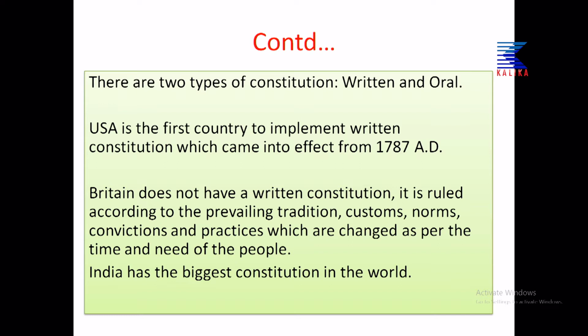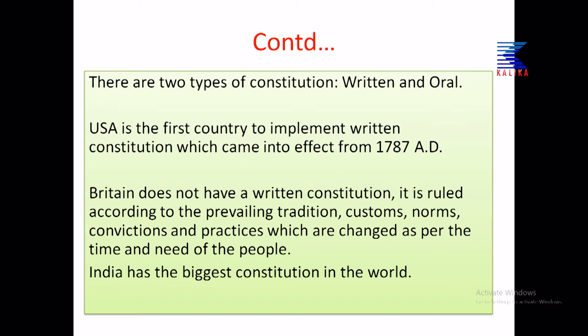But the oral constitution is the constitution where there are no written records of the rules and regulations, but the country is governed according to the prevailing traditions, customs, norms, practices, etc. That is called oral constitution.